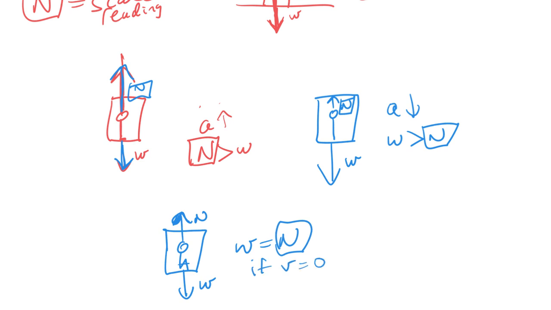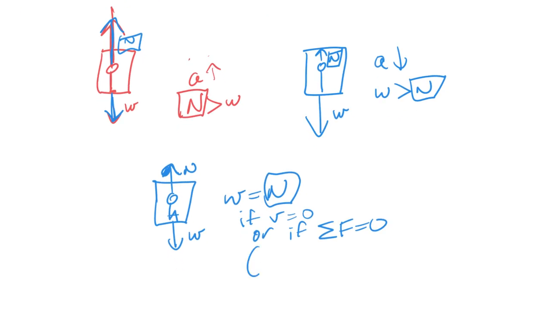Really what I should say is, or if the net force is 0, that means it could be moving. It could be at rest or moving with constant velocity, either up or down. Okay?